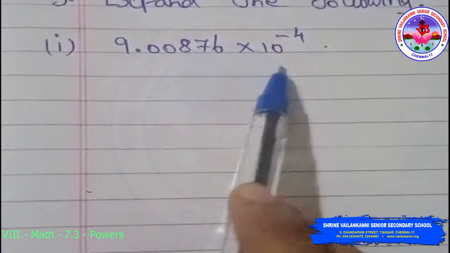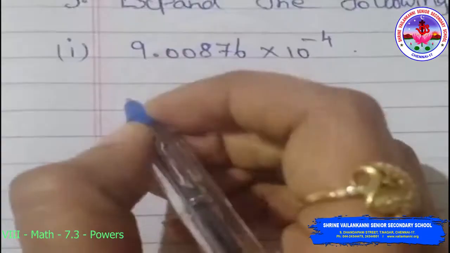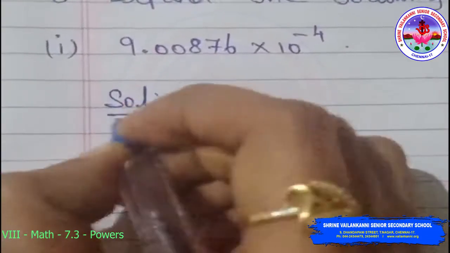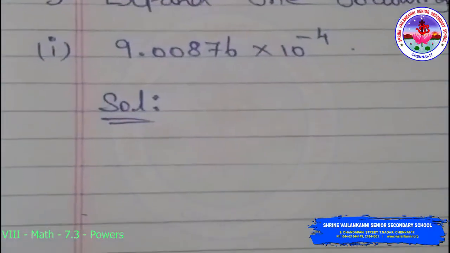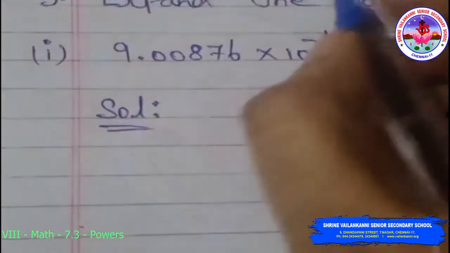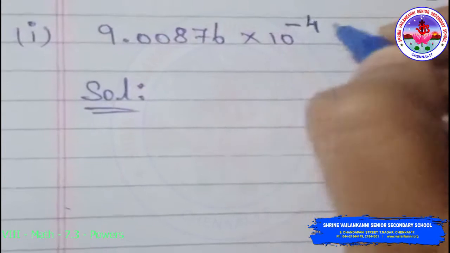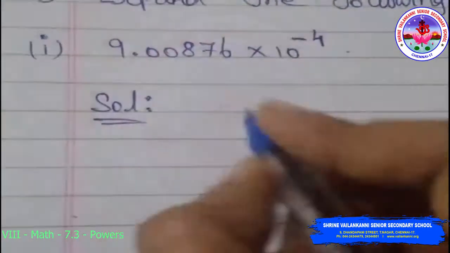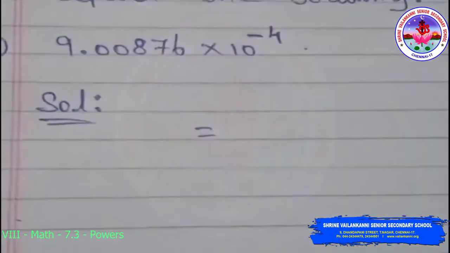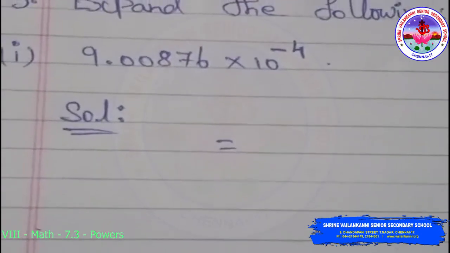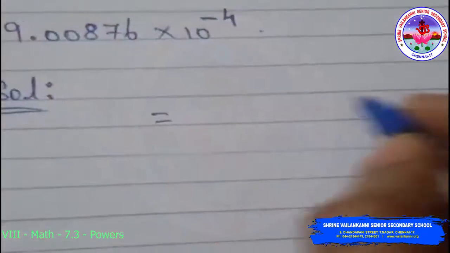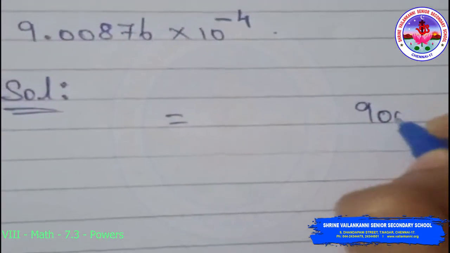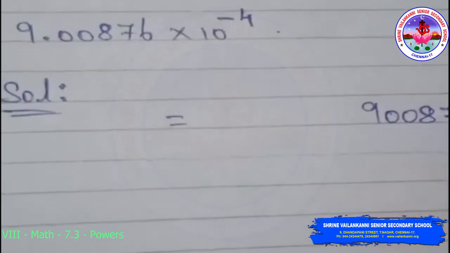Next, third question: expand the following. 9.00876 times 10 to the power of negative 4. Here the question is in scientific notation. You can change it to the decimal value. Here the exponent power is negative, so you can change it to the decimal. Here the exponent is negative 4. So 900876.